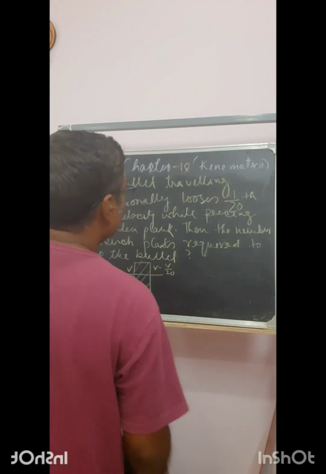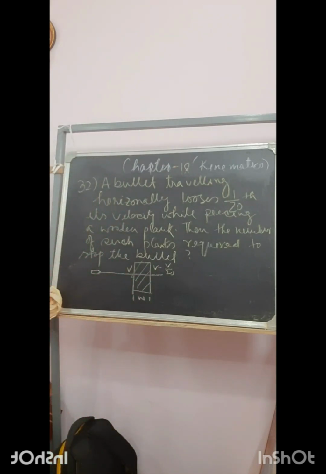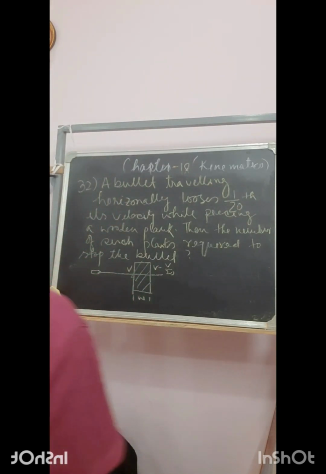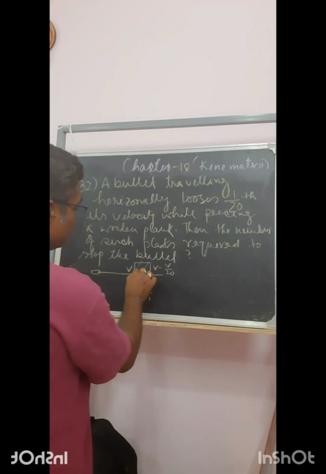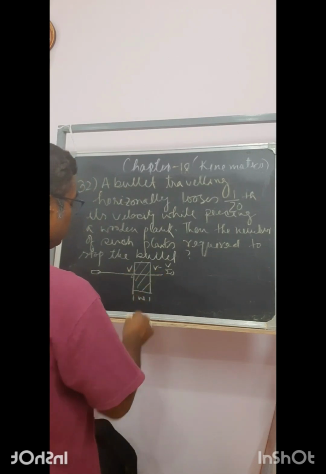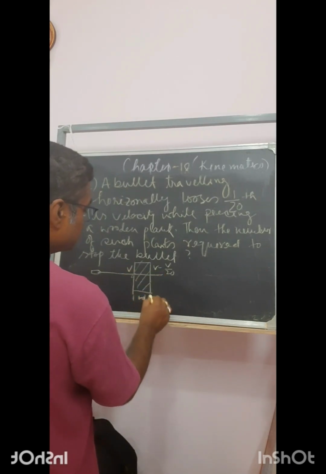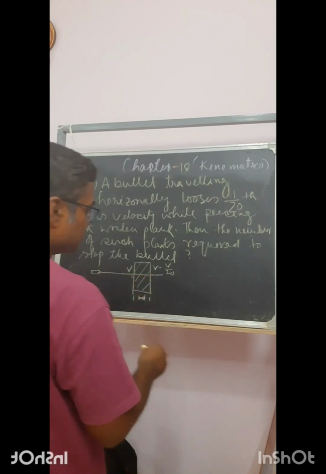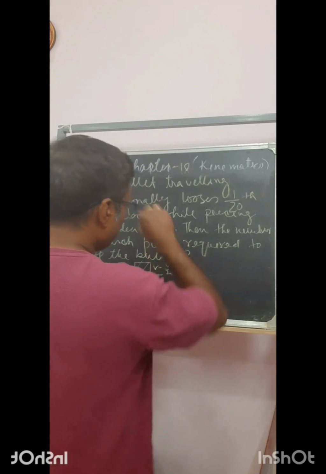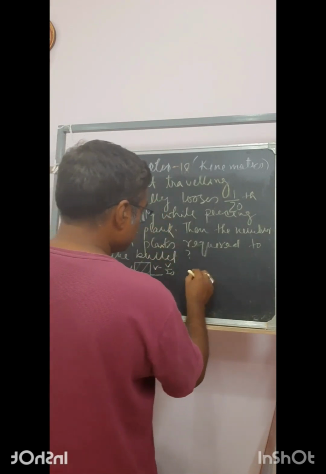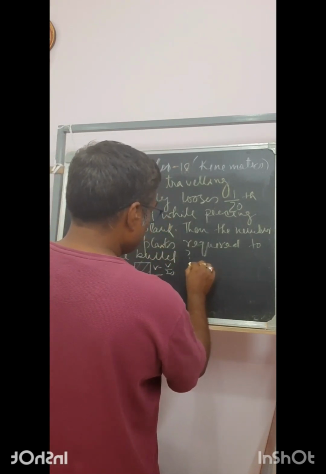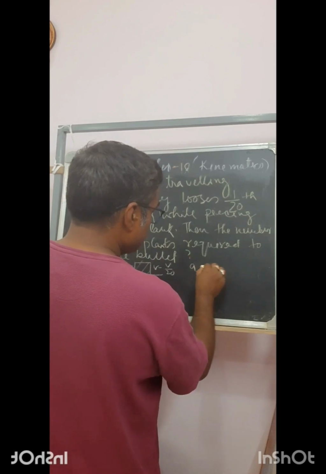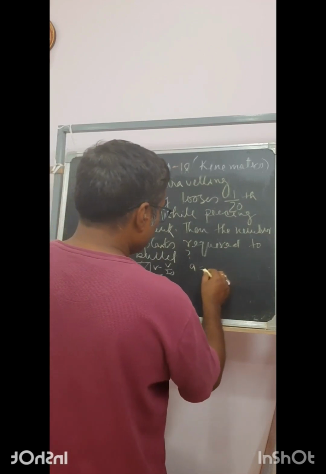It loses 1/20th of its velocity passing through the whole plank. So this is the reduction for one plank having this width. During covering this displacement, it loses the velocity. So what will be the deceleration in this case? So you have to calculate the deceleration.